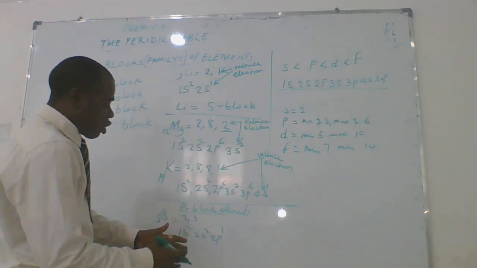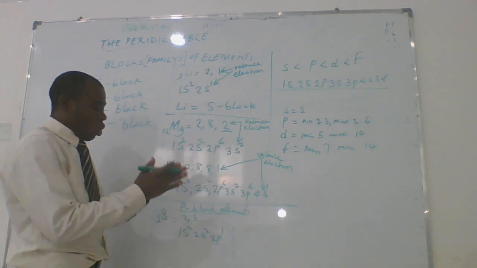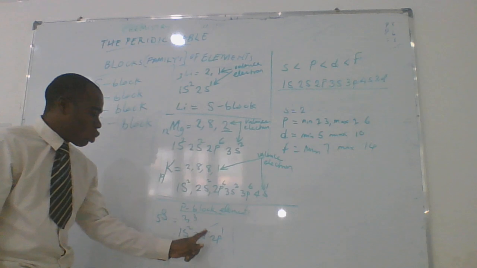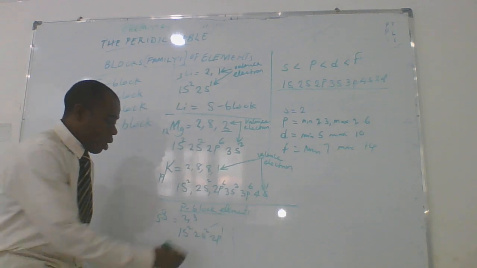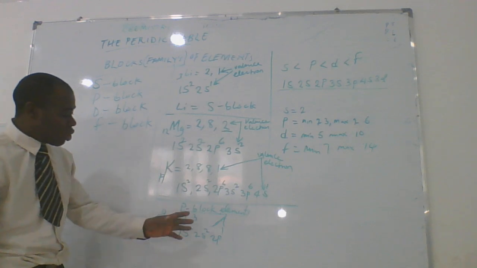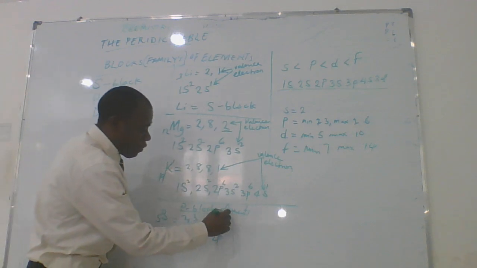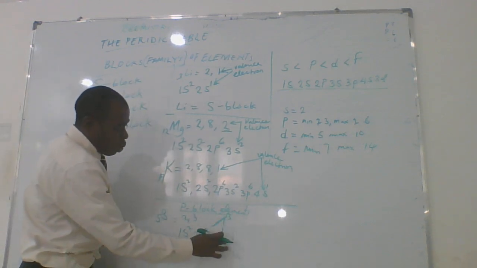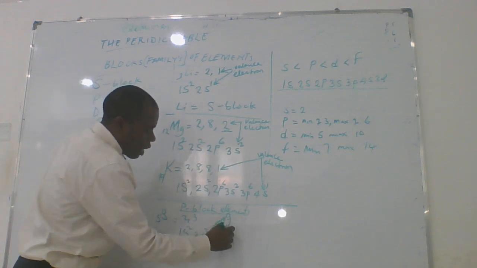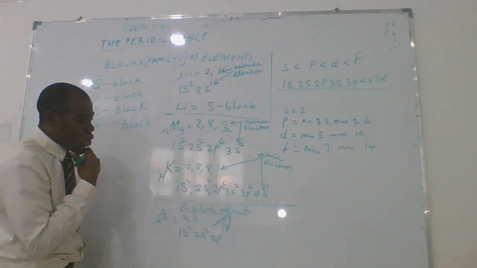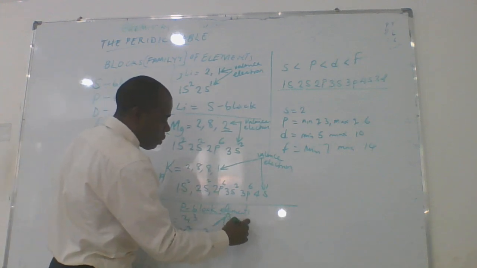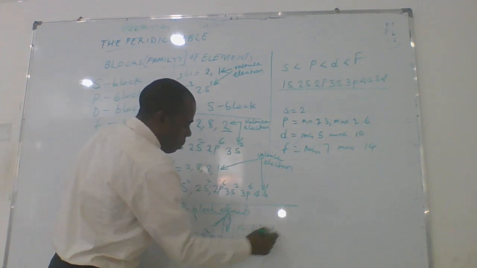Don't be confused with the two s and the p1; we take the valency of boron as 3. The last one here is p, so the p orbital is where the last electron of boron falls. So boron belongs to the p block.